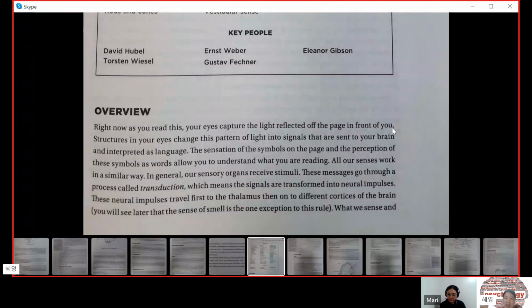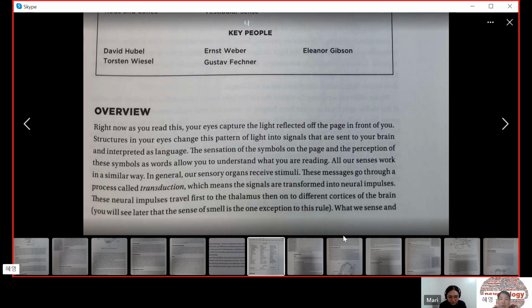These messages go through a process called transduction, which means the signals are transformed into neural impulses. These neural impulses travel first to the thalamus, then on to different cortices of the brain.